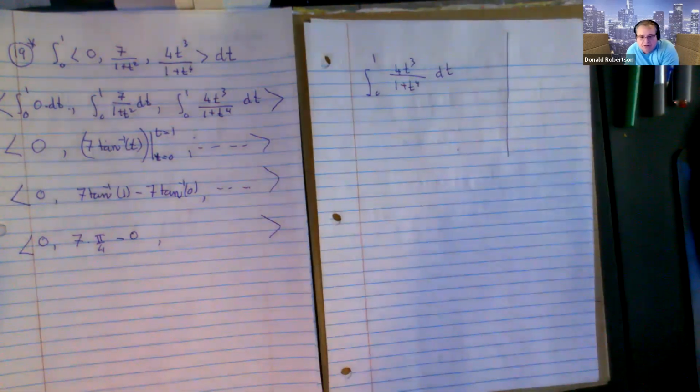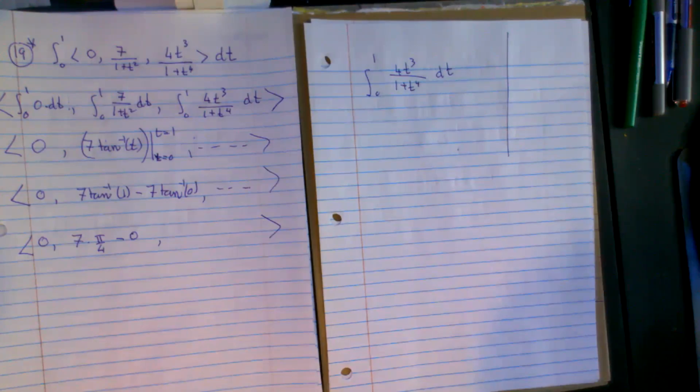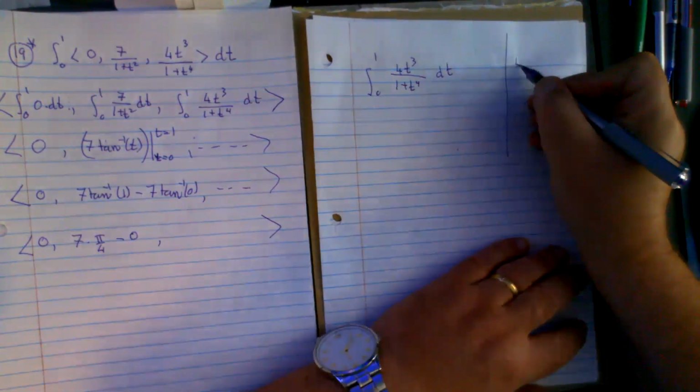Choices. Is it a power rule? Is it an integration by parts, or is it a u sub? Those are the only guys in town. I think substitution will work. It does.